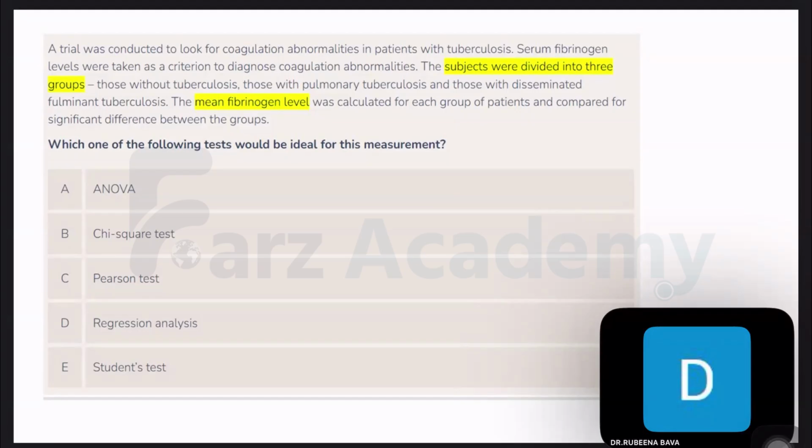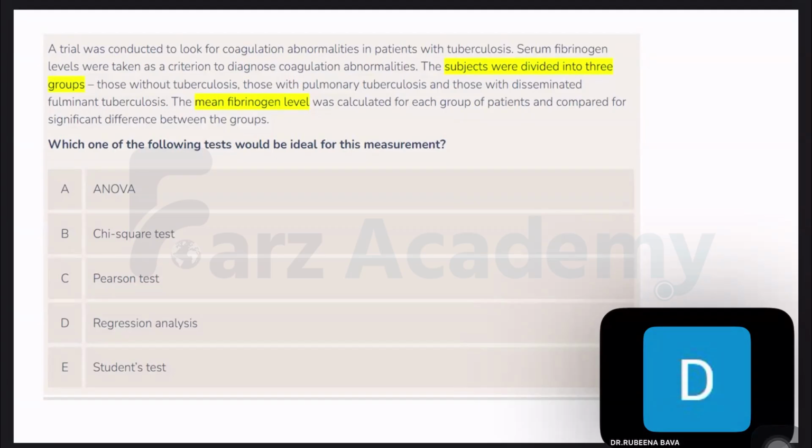So Pearson. Pearson was for correlation, if you remember. Okay. So chi-square test. Chi-square test was for parametric or non-parametric? Non-parametric.